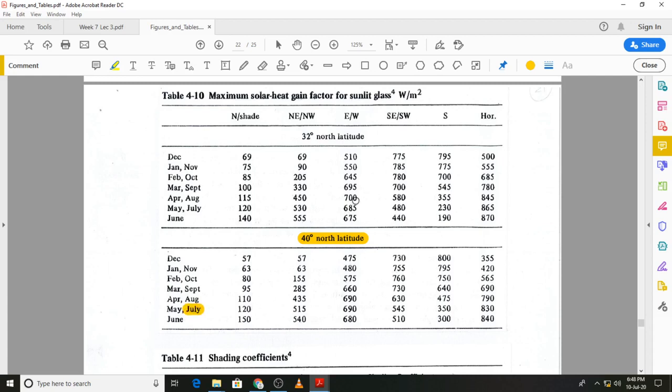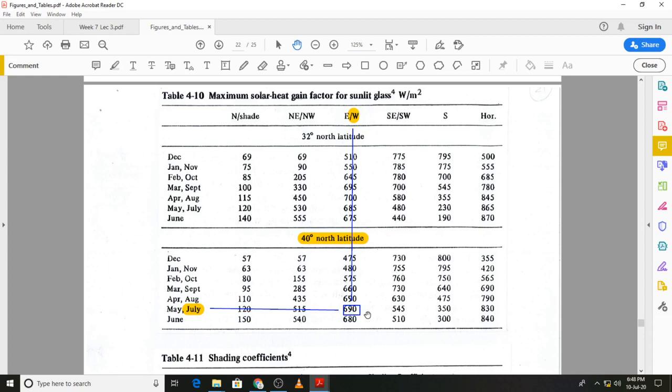And of course the orientation is that it is west facing, because the windows are in the west wall. And once we have got that information, we find out the value of maximum SHGF, that is solar heat gain factor, which is 690 watts per meter square, and that is the value you will see we have used in the solution.